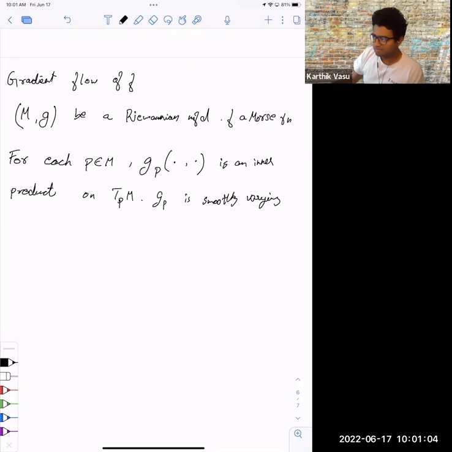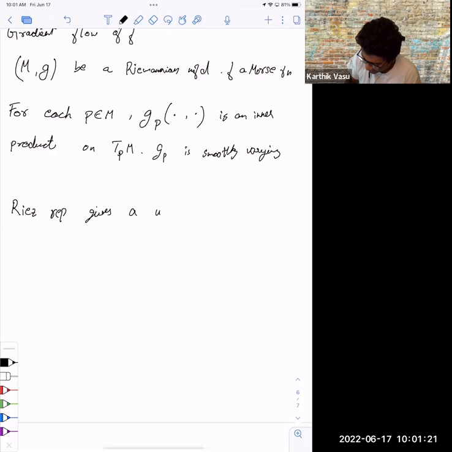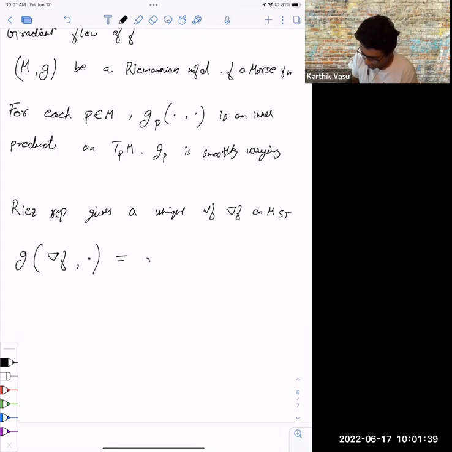Now, because I have an inner product, because of the Riesz representation theorem, I can get a unique vector field, which I will call the gradient vector field on M, such that I want it to be the dual of dF.